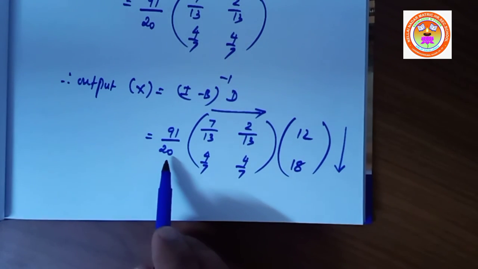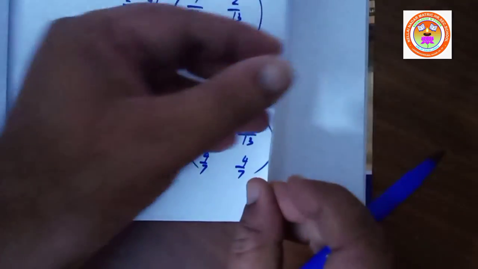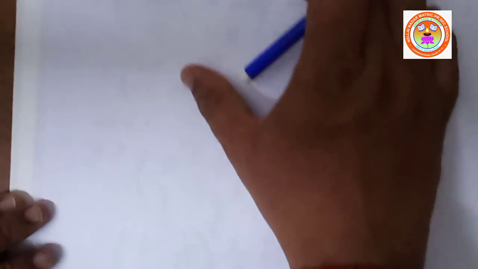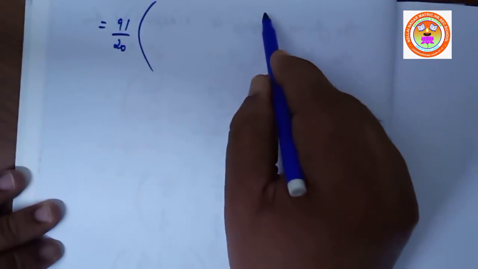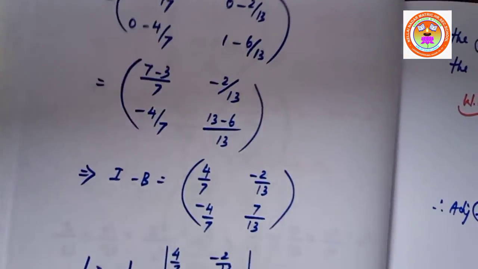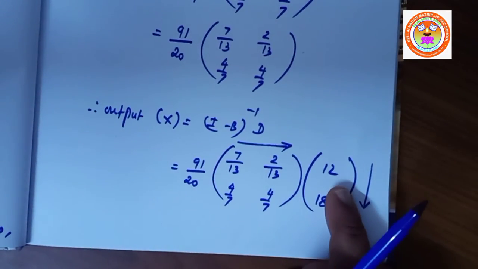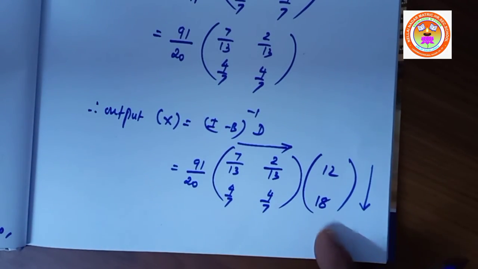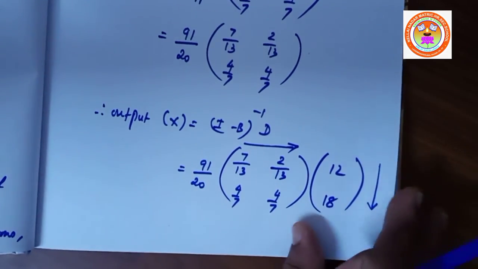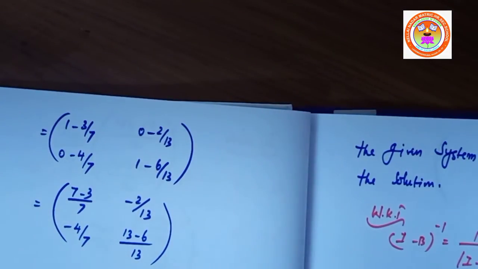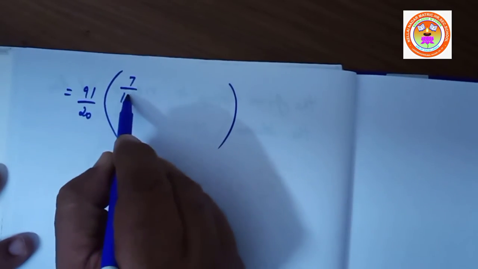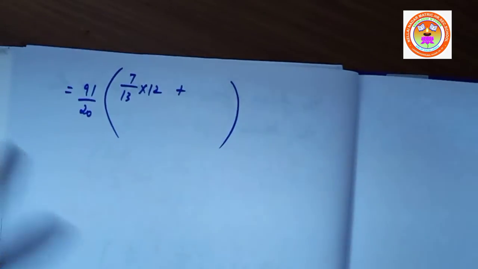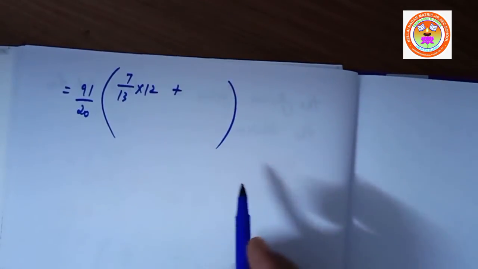So it is 91 by 20 into: 7 by 13 into 12 plus 2 by 13 into 18.